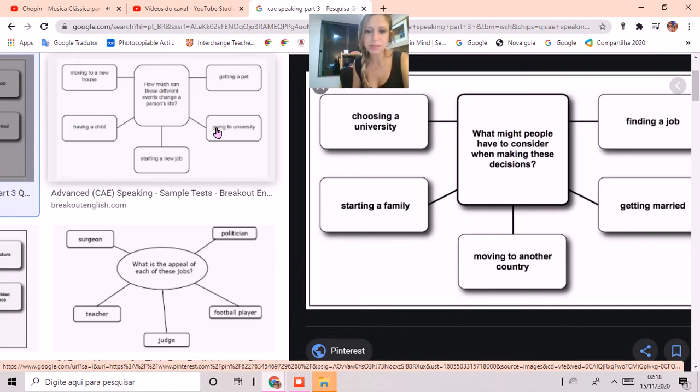So suppose that he said that choosing a university, for example, could be difficult, and then you could continue his idea.